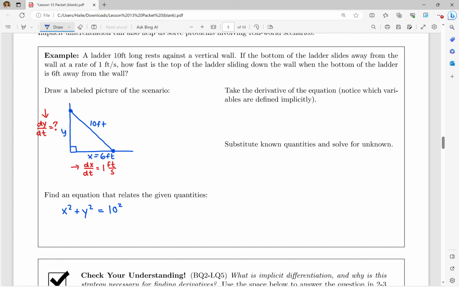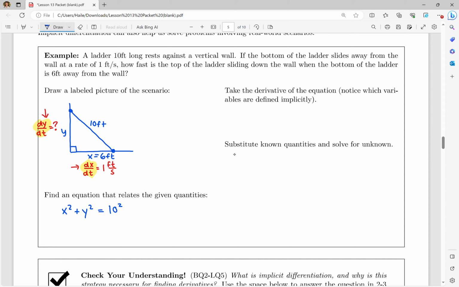The trick here is if we look at our rates, the dy dt and the dx dt, both of those rates involve time. So x here is not your independent variable. It's actually another dependent variable along with y, meaning that both x and y, when we take the derivative, are going to have to be done implicitly.